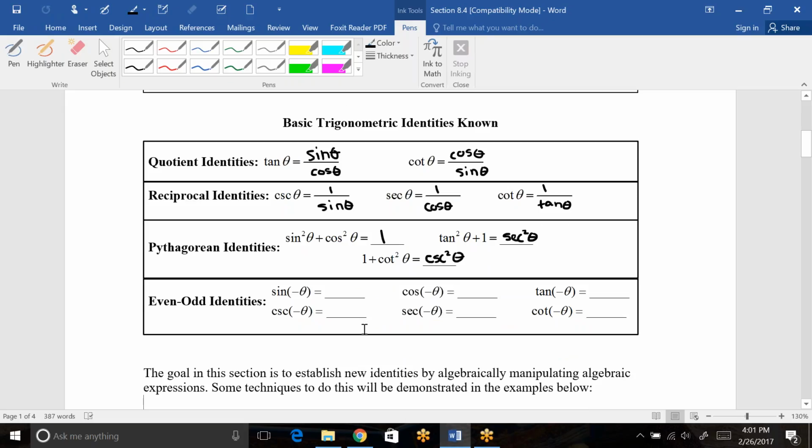We also learned that certain trig functions were either even or odd. The only even group was the cosines and the secant family. So what that means is it doesn't matter if you plug in a negative of theta, it is also going to be the same answer as the positive of that theta.